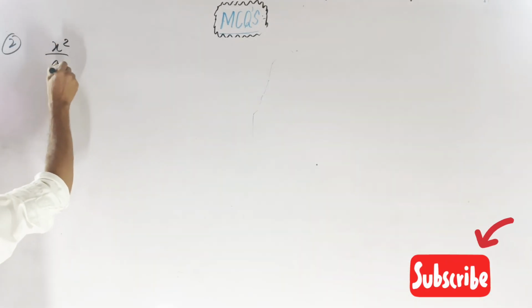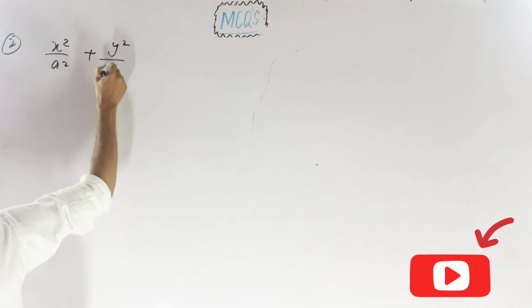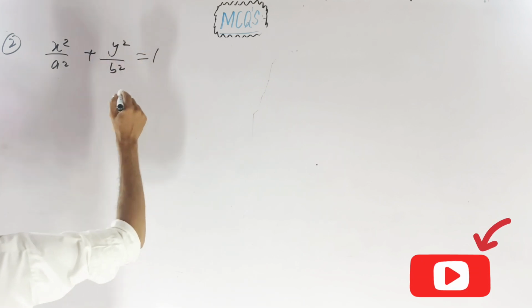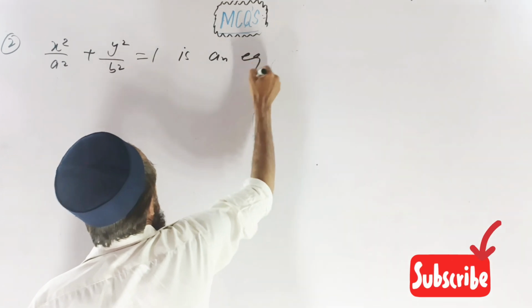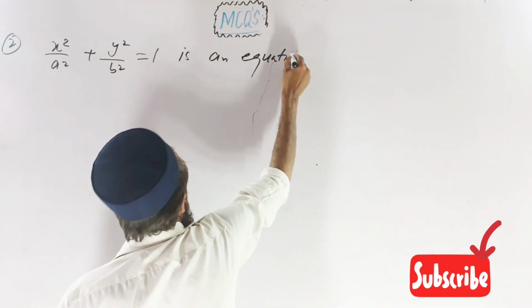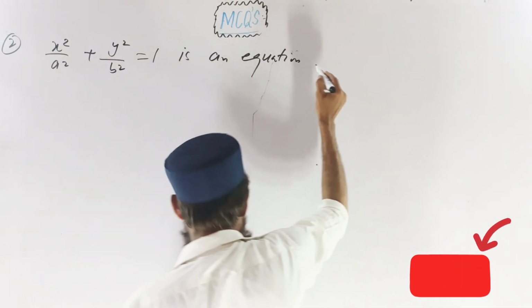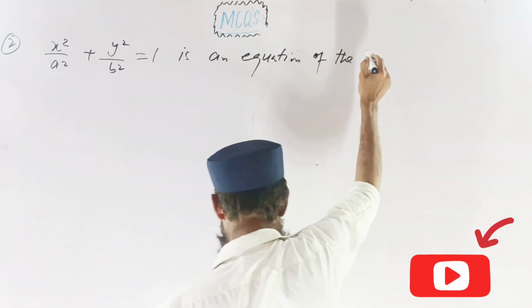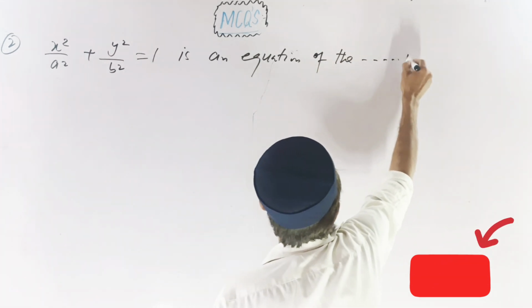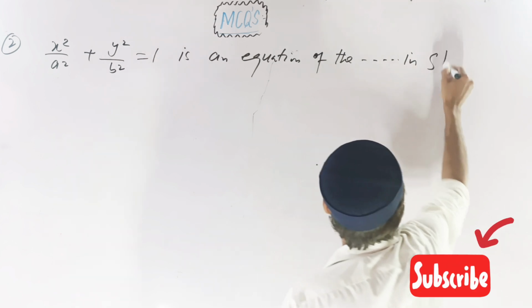The above equation concludes that x square divided by a square plus y square divided by b square is equal to 1 is an equation of the standard form.